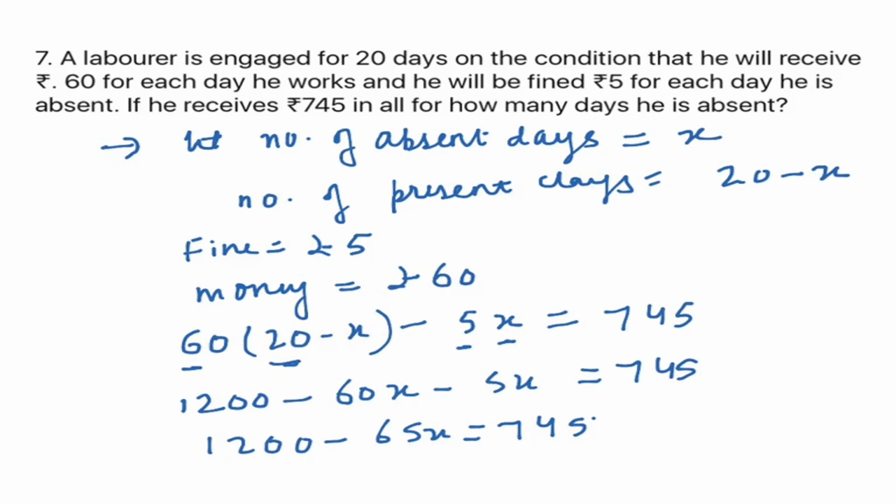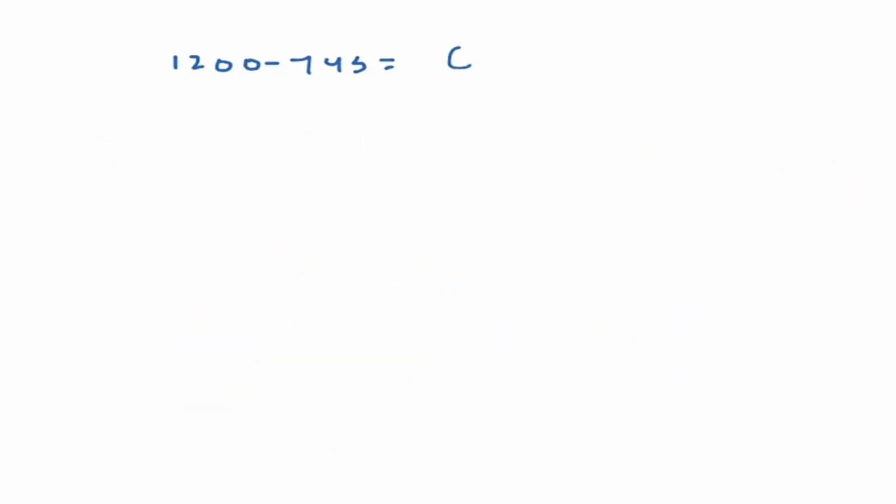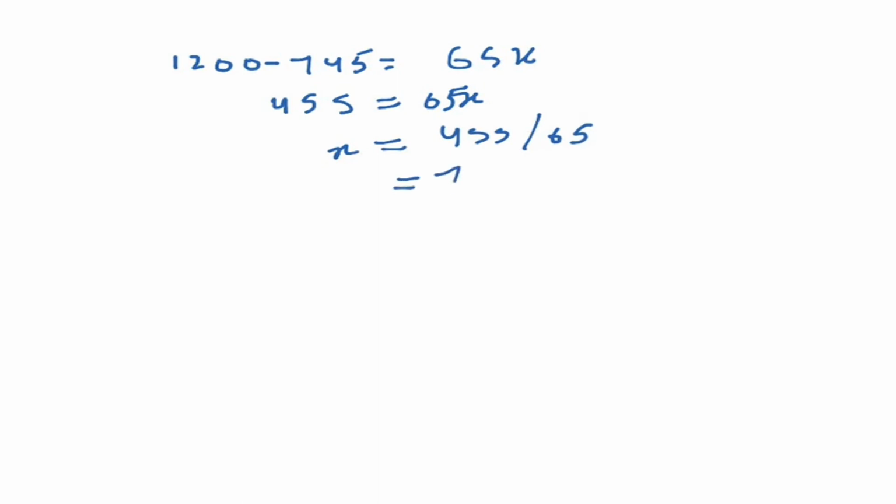So it will give us 1200 minus 745 equals 65x. Now when we subtract 1200 minus 745, it will give us 455 is equal to 65x. Then in that case, x equals 455 divided by 65. That will give us 7.